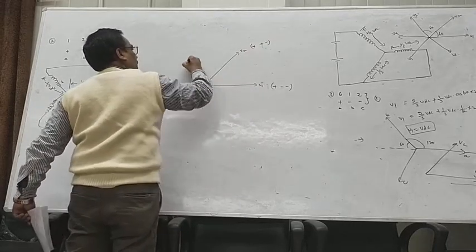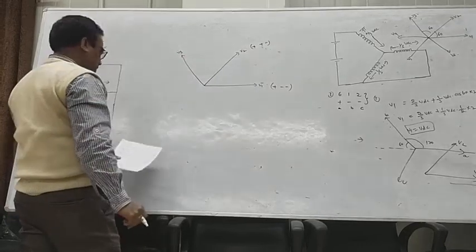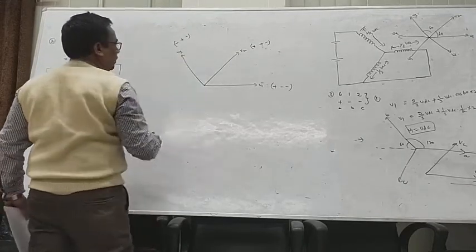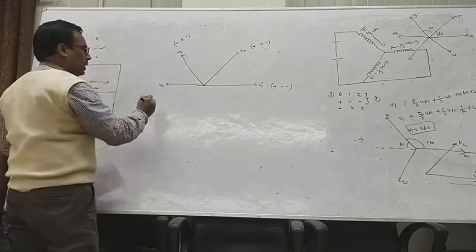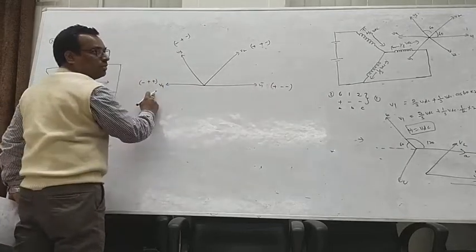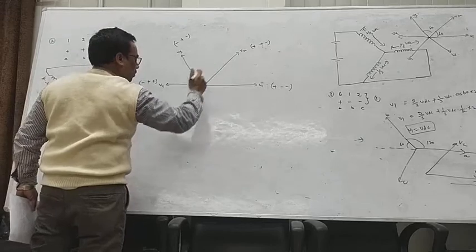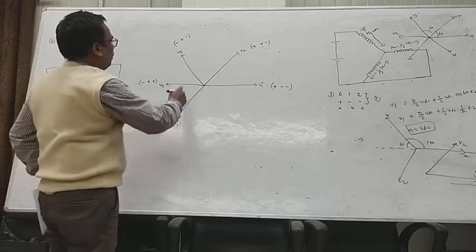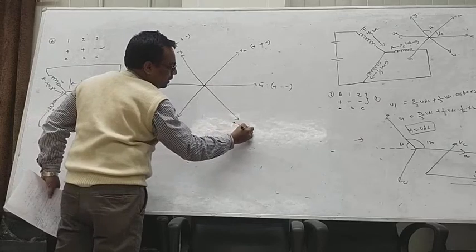For the third case, V3, it is minus plus minus. And this is the fourth vector V4, minus plus plus, the complement of V1. V5 is the complement of V2, that is minus minus plus, and V6 is also the complement of V3, that is plus minus plus.